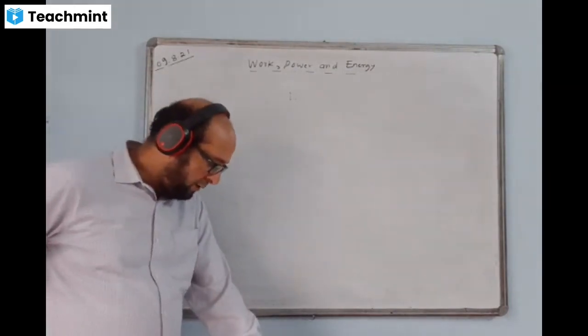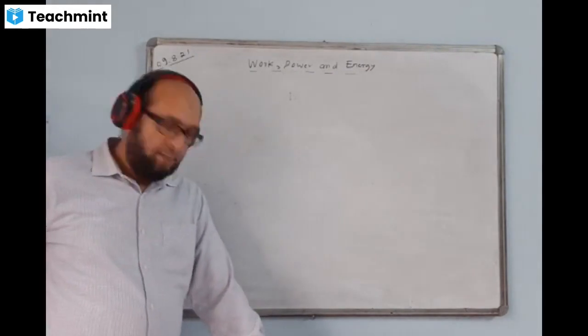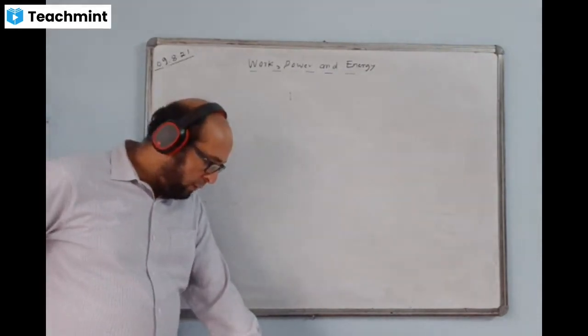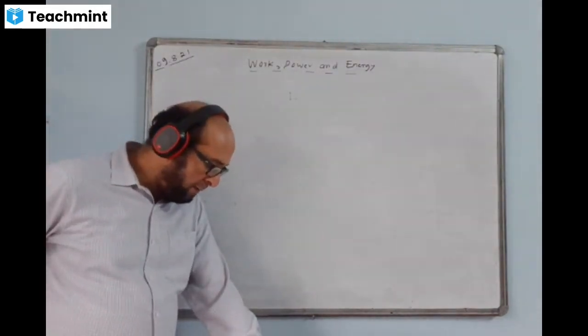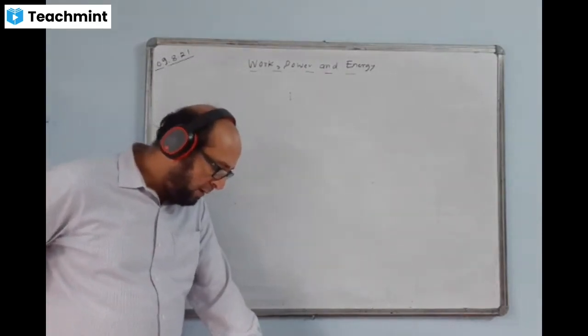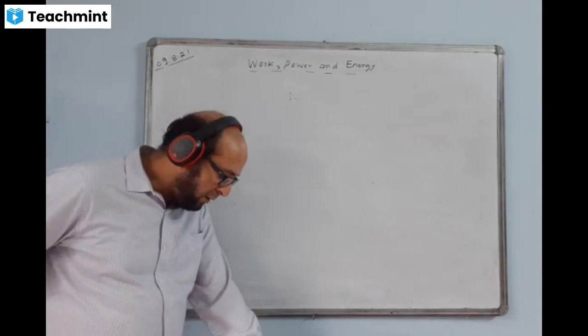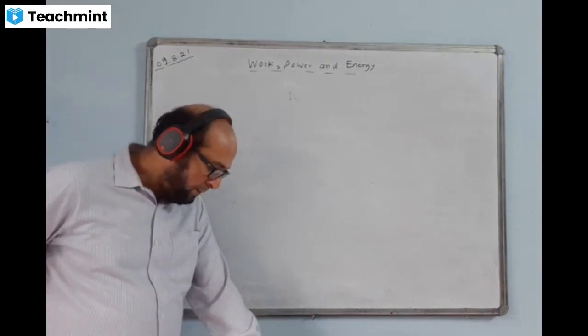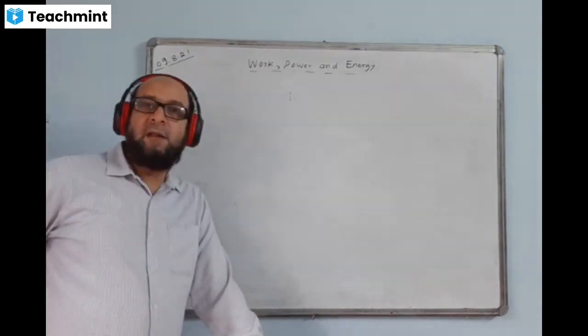Question number 6. Question says a water pump driven by petrol raises water at the rate of 0.50 meter cube per minute from a depth of 30 meters.